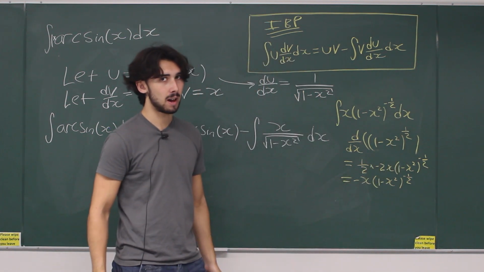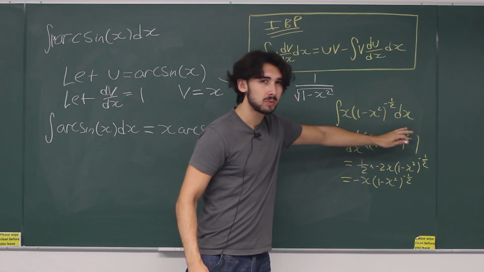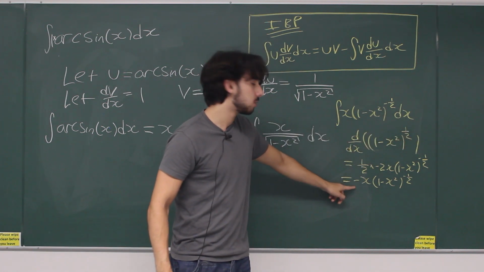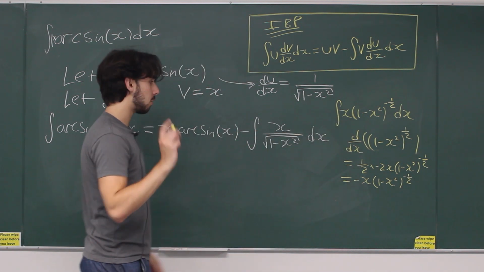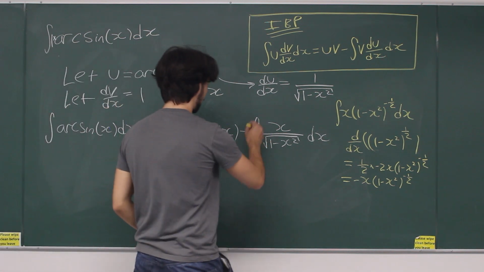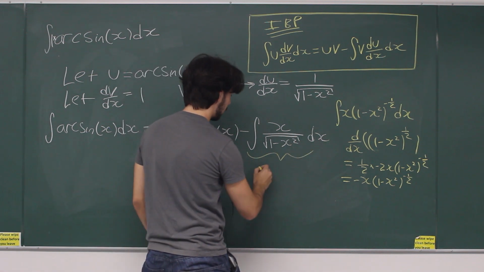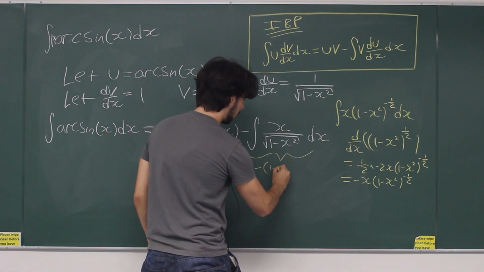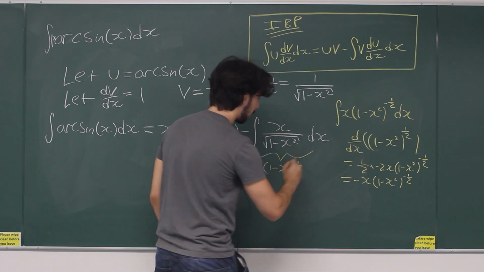Because if I was to differentiate negative this, it would be the exact same, but you'd have another negative in front, making it positive, making it this. So this integral here is equal to minus 1 minus x squared to the power of positive 1/2.